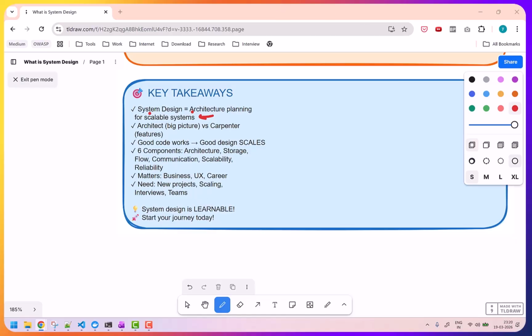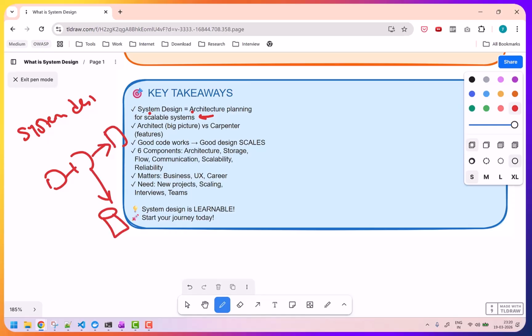What is system design? System design is the art of planning software so it works smoothly when thousands and millions of people use it at the same time. This is system design. Another definition which I found is system design is not about drawing boxes, which many people think, right? System design is drawing boxes, showing flow from here to here. It's not about drawing boxes.